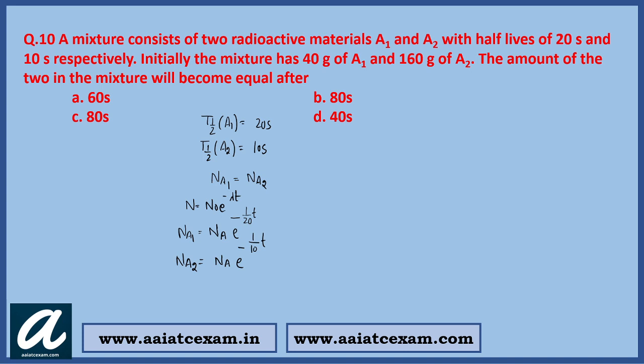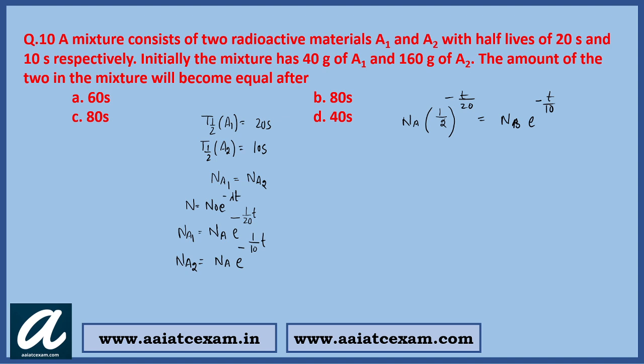Now students, just substituting these values, can I put 1 by 2 here? So it is 1 by 2 raised to the power t by 20, and this should be equal to Nb e raised to the power minus t by 10.